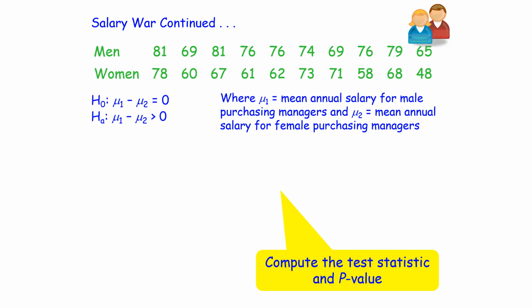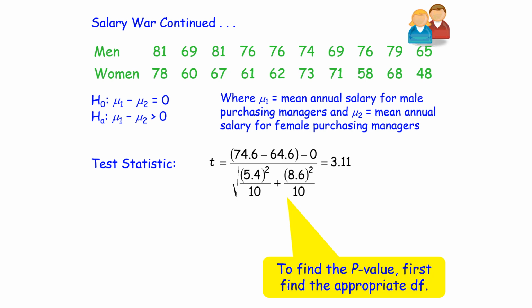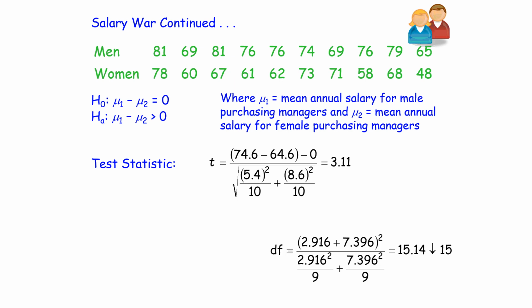So now we're going to compute the test statistic and our p-value. We'll plug in for our t, giving us a value of 3.11. And to find the p-value, we first need to find the appropriate degrees of freedom. So we can plug that into our formula, and we get 15.14.